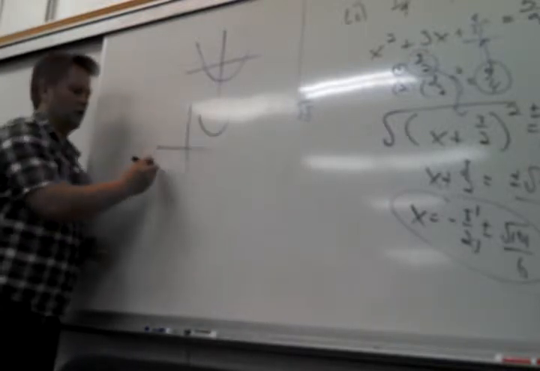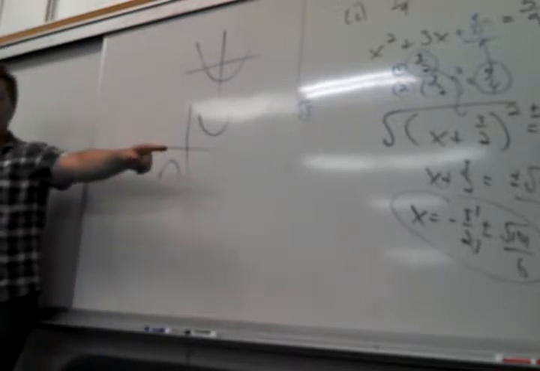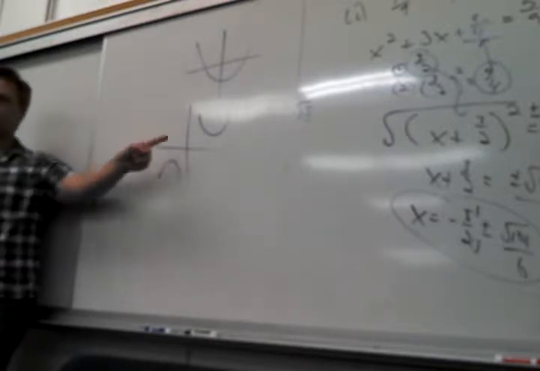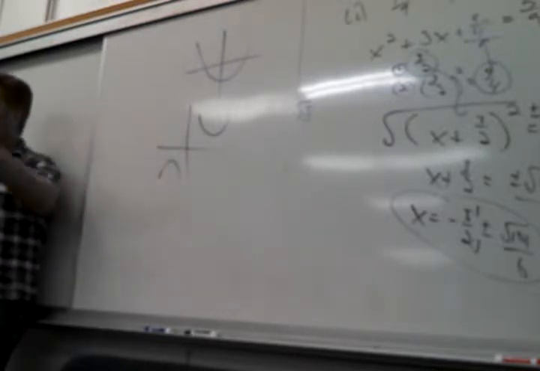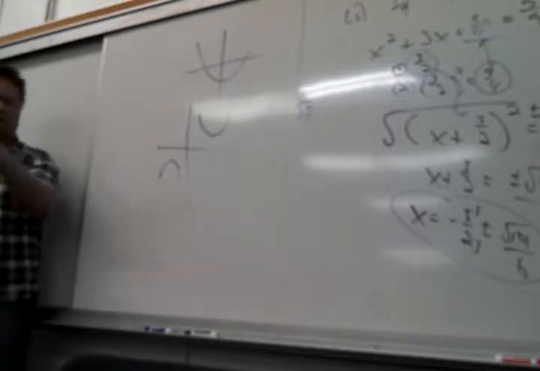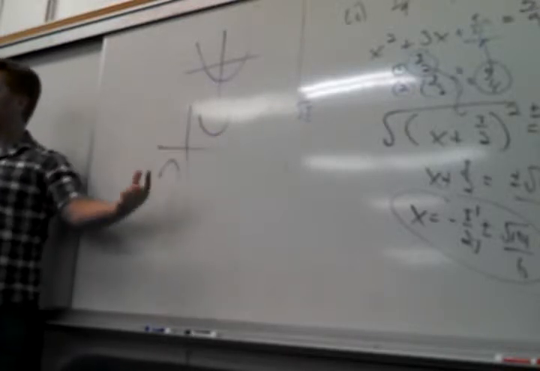You with me? So if you get a problem where you get two complex answers, this is the situation you're in. It just doesn't hit the x-axis. Very simple, right? If I'm trying to solve for the x-intercepts and I get complex numbers, not real, then it's not going to hit the x-axis on the real graph.